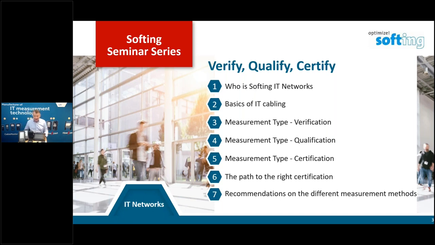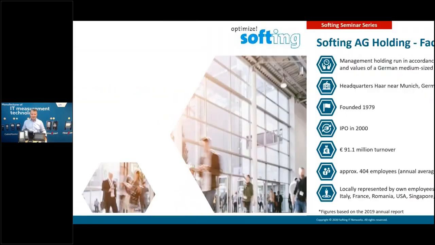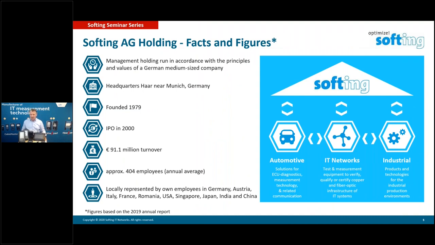So let's start with who is Softing. It's a very short, brief introduction about Softing. Hopefully, most of you know us. If not, Softing is a holding. We have separate divisions, three are here on this slide. One is the automotive division, which develops and produces diagnostic systems for the automotive industry.